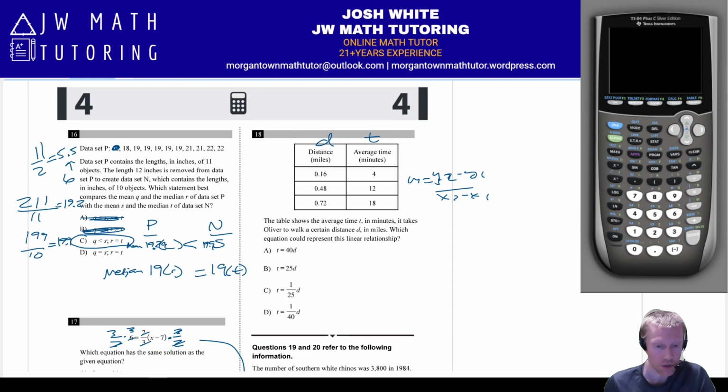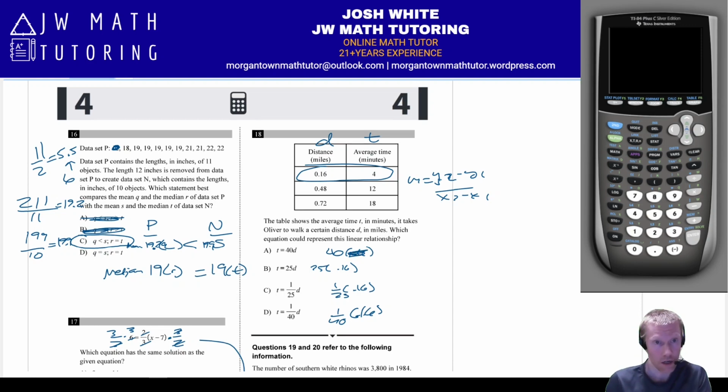And so what I would do is I would take this first point here. I would take 0.16, and I'm just going to plug it in for d in all of the available equations or answer choices. So if you do that, and you multiply it through, we're looking for 4 as the answer we get. Let me fix this first one again.